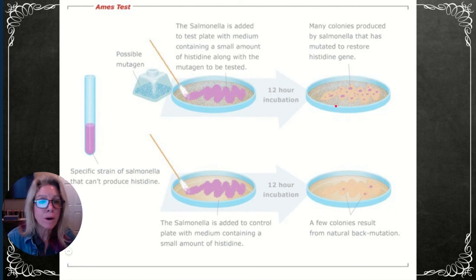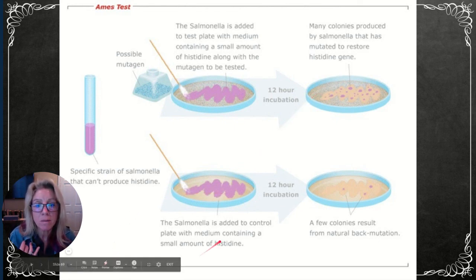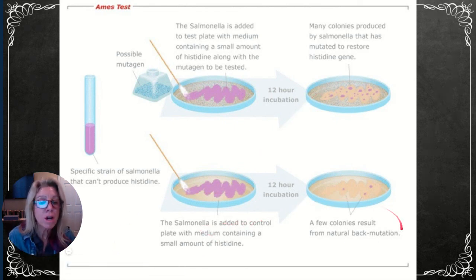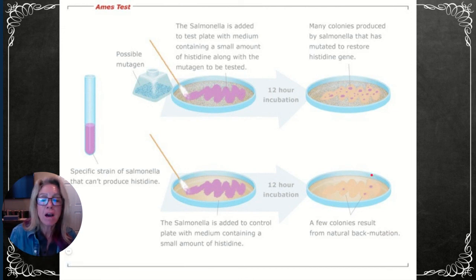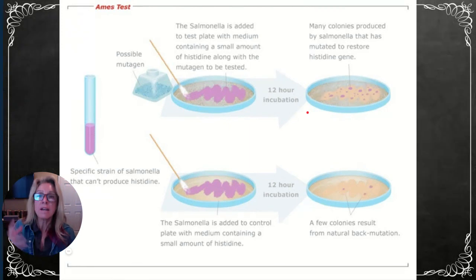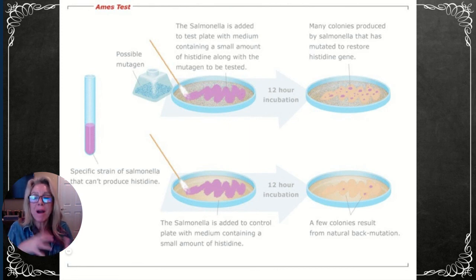So if it can still grow, it must have gained an ability, so it mutated. And they will compare that, if you look down below, to its control right here, because there can just be spontaneous mutations. So you want to eliminate what percentage of it would probably be due to a spontaneous mutation. Okay, so they will use the Ames test to see how bad of a mutagen it is by how it causes this salmonella to fix itself with a mutation.